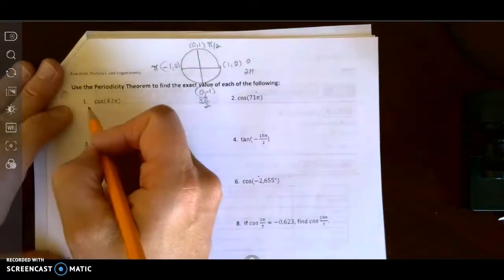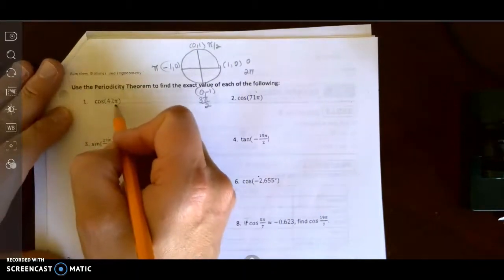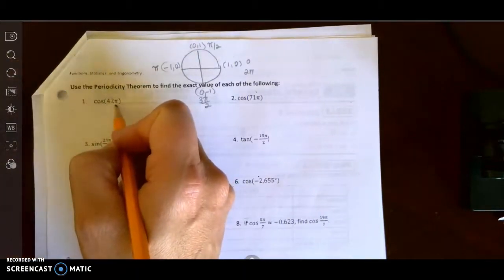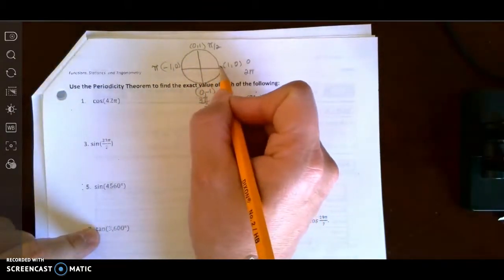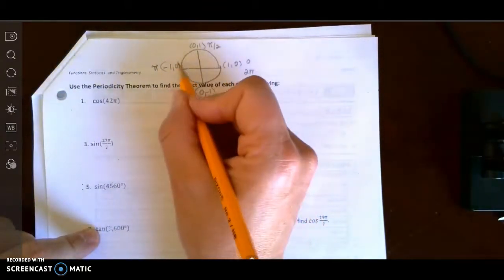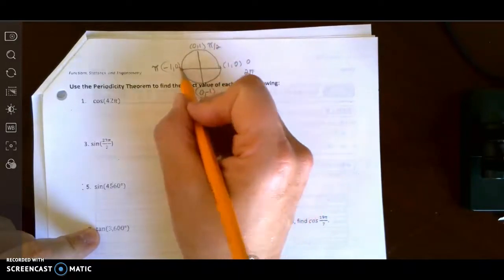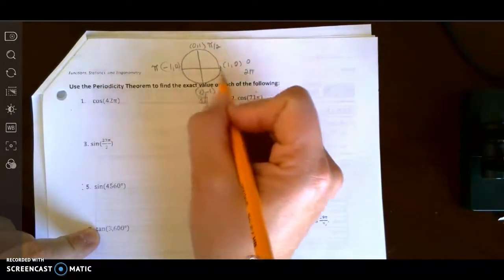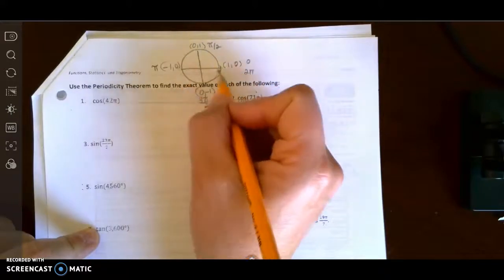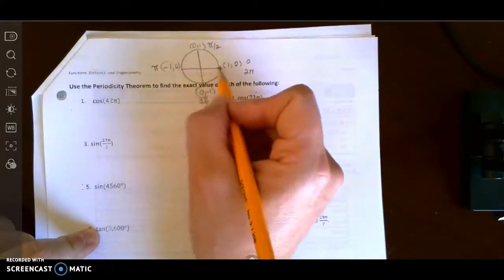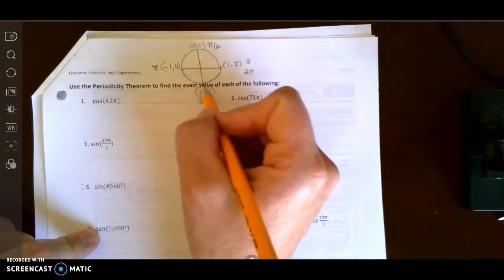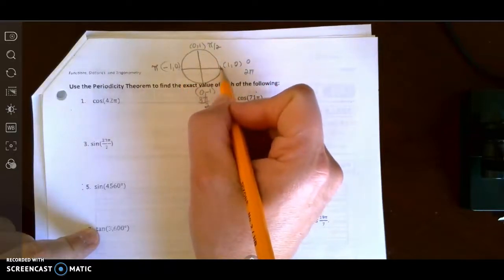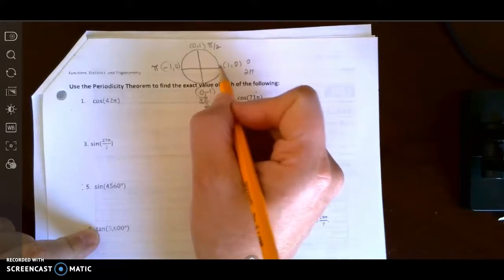So, number 1, I'm wondering, cosine of 42 pi. Where would that be? Well, 0 pi is here. 0, 1 pi, 2 pi, 3 pi, 4 pi, 5 pi, 6 pi, 7 pi. I could keep counting, but I realize that all my odd pi multiples are on the left side, and all my even multiples of pi are on the right side. 0, 2, 4, 6, 8, 10, 12.